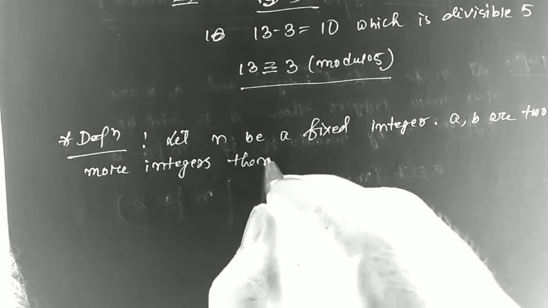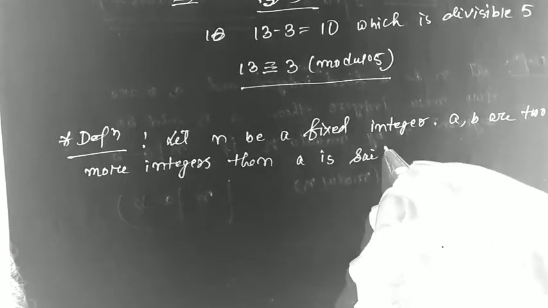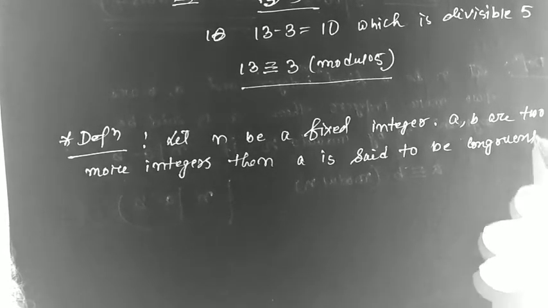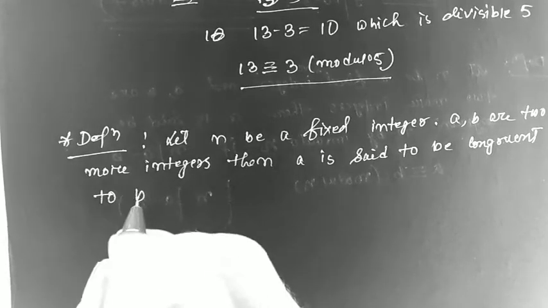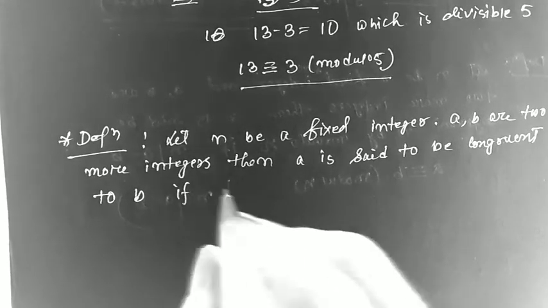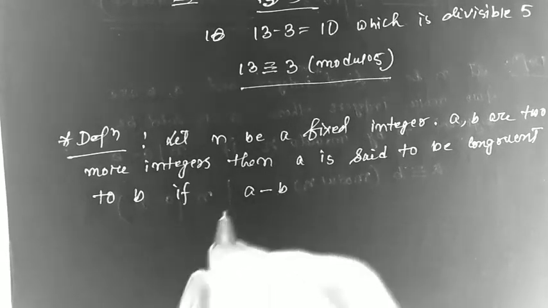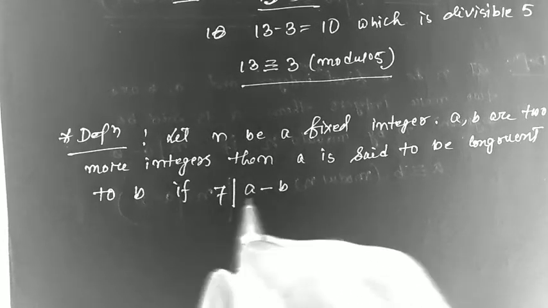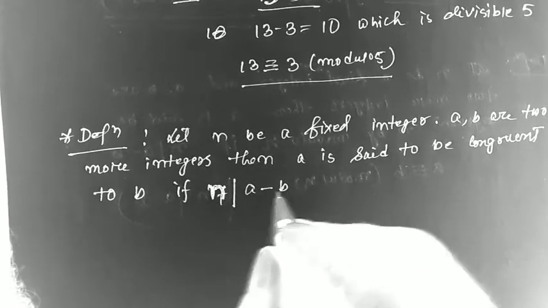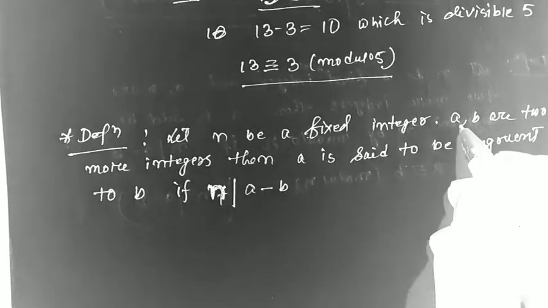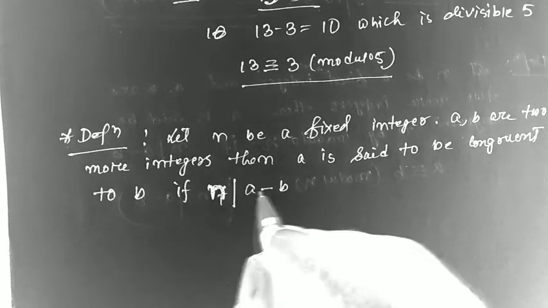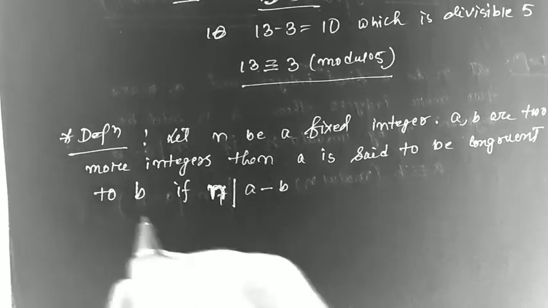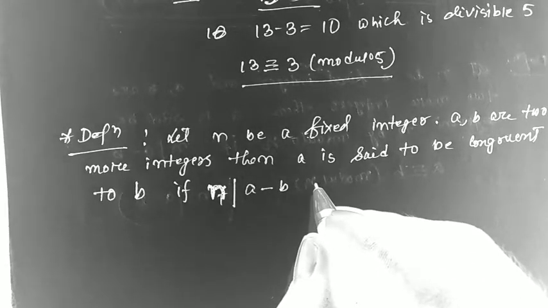Then a is said to be congruent to b if n divides a minus b. That means n is a fixed integer and a, b are two more integers, then a will be said to be congruent to b if a minus b is divisible by n.